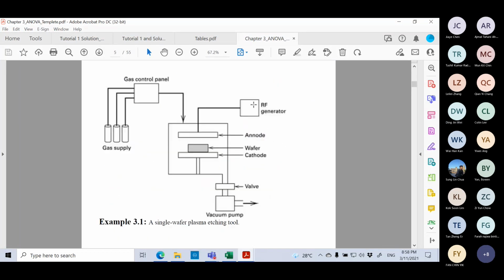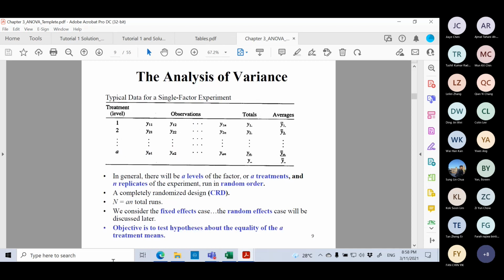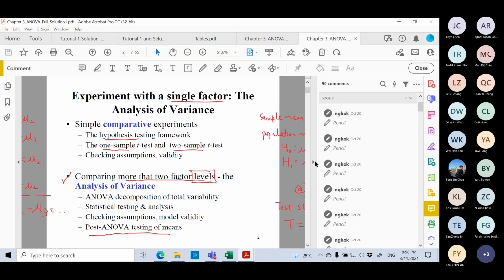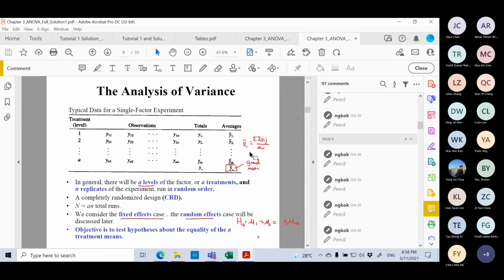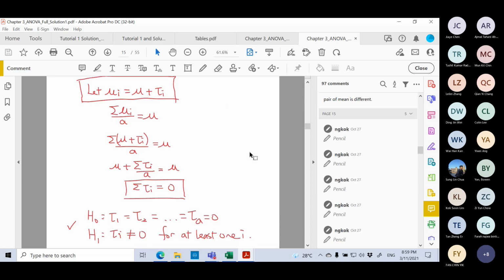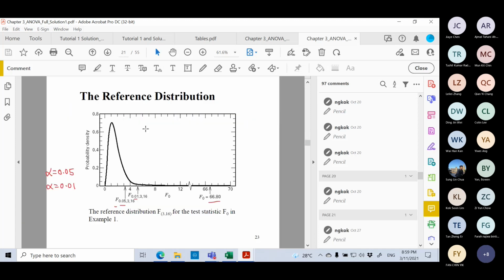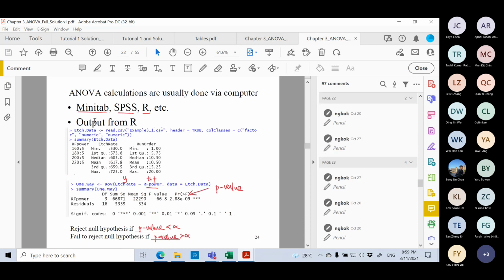Let me see where is the code. Not this one. I should refer to this one, your solution one. You just use the code here. After the first thing, you need to run your ANOVA. First, you have the data. Where is the source of the data? After you get the data, you run the ANOVA.